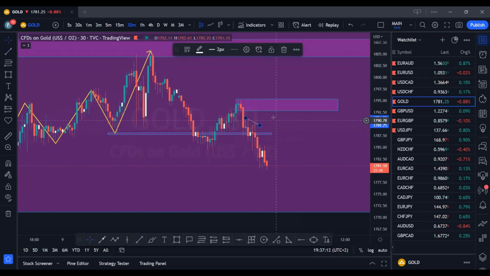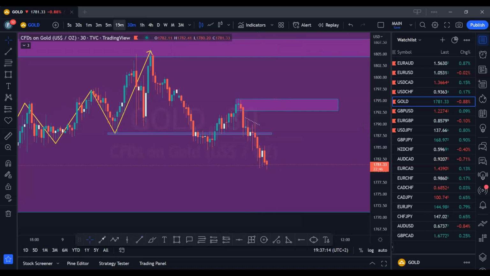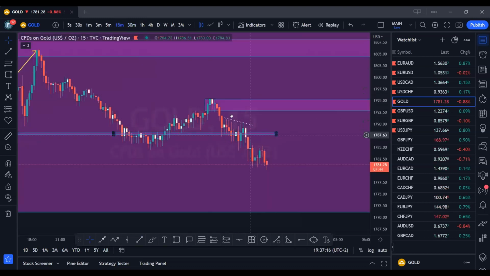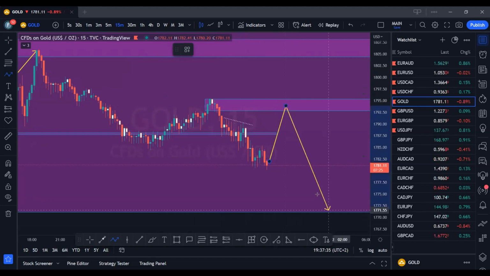If you go to the 15 minutes, I think you clear on 15 minutes, right? We have liquidity here. All right. So there's a little bit of trend line here, so we might expect price to go up a bit, take out people's stop loss from here, and then tap into the supply. Once price gets here, you want to look for sells.